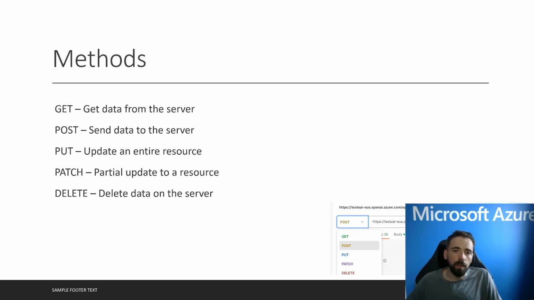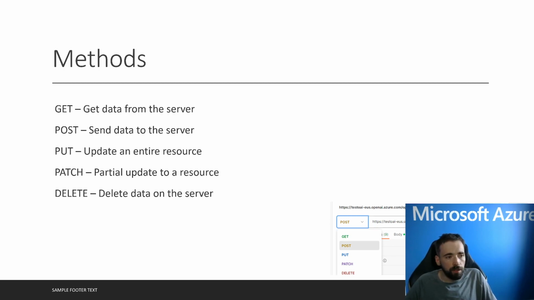Whereas with a put call, we would have everything from ID to the name, the description, for example. With patch, we could say we only want to update the description, so we only need to contain the ID probably and the new description in the body of the request. And finally, we've got delete. If we want to delete an object or resource, we typically use the delete method.